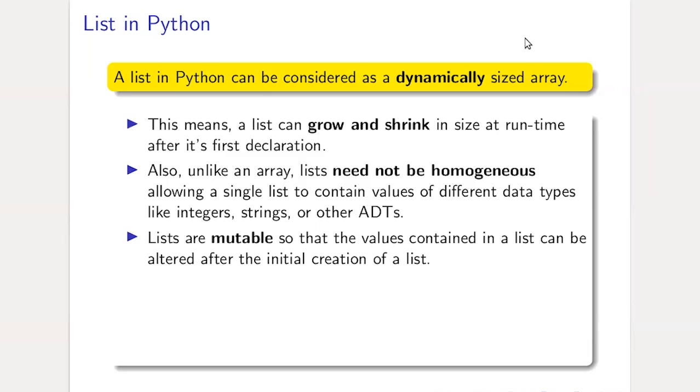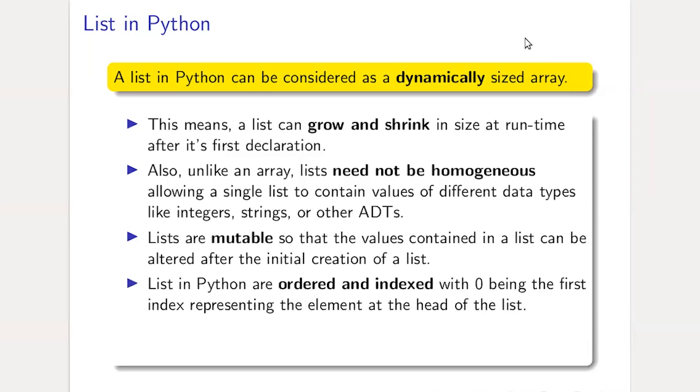Okay, so therefore we call a list mutable also. The addressing we talked about for the list: the first item has the address or the index value 0 and increasing from that towards the tail, toward the end of the list.